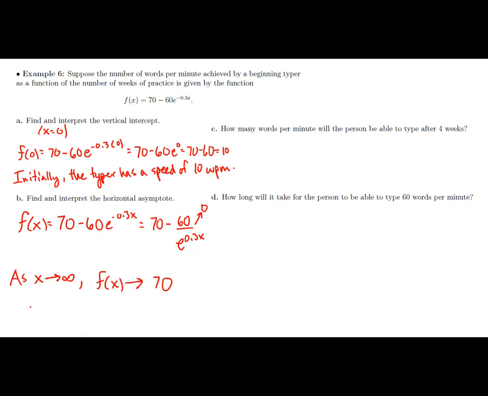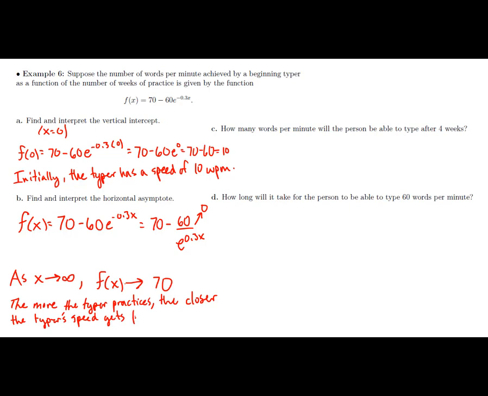All right, so what does that mean? So the more the typer practices, the closer the typer's speed gets to 70 words per minute.